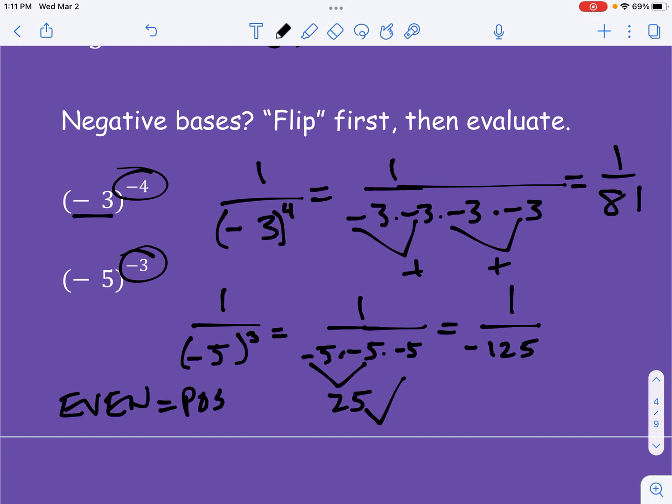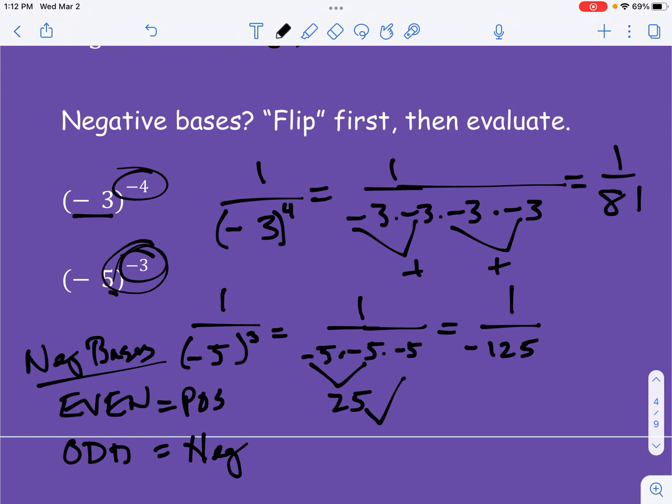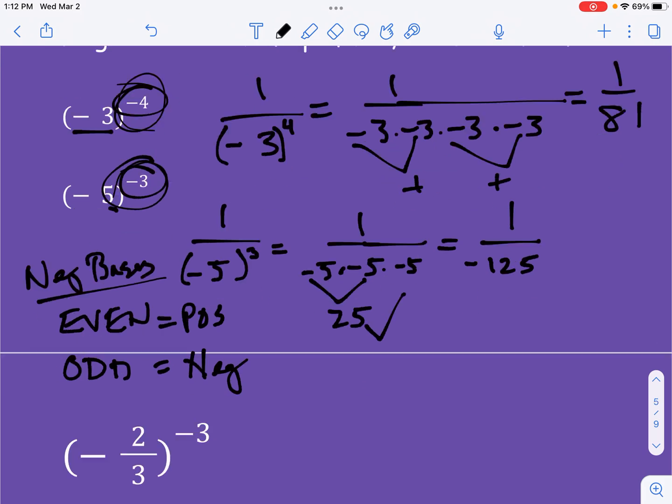If my exponent is odd, and this is only dealing with negative bases, then I'm going to have a negative value, because even numbers of negative signs will always cancel each other out. And so that's why this one, which has an odd number, is negative, and this one, which has an even number, is positive. So that's a little trick that I like to use.